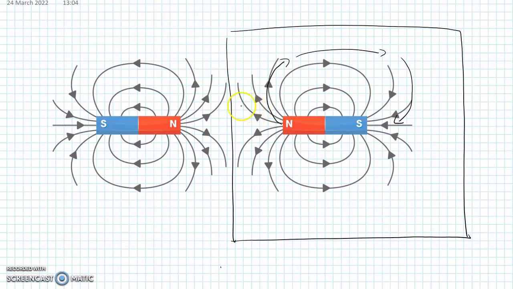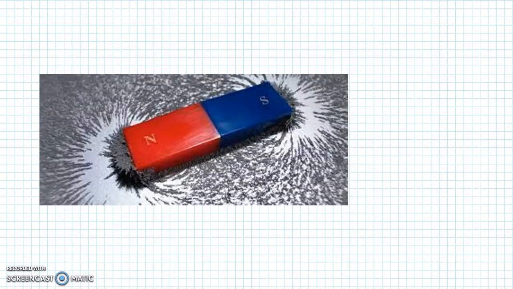Interestingly, lines of flux cannot cross each other, and lines of flux can travel through the air and many different types of surfaces. If we look at this bar magnet here that's been placed on a metal table with iron filings, we can see that the filings are attracted to the magnetic poles, and as a result you can see that the actual filings from this area have been pulled to the North Pole and to the South Pole.